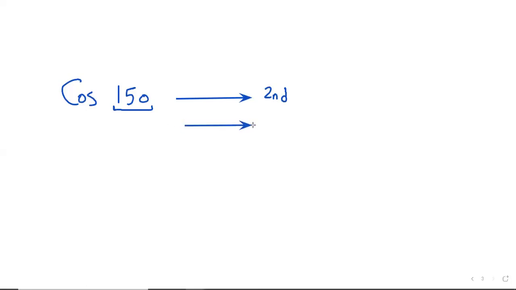Cosine in the second quadrant is negative. We can write 150 as 90 plus 60. But don't forget, 90 changes cosine to sine, so it will be negative sine 60.